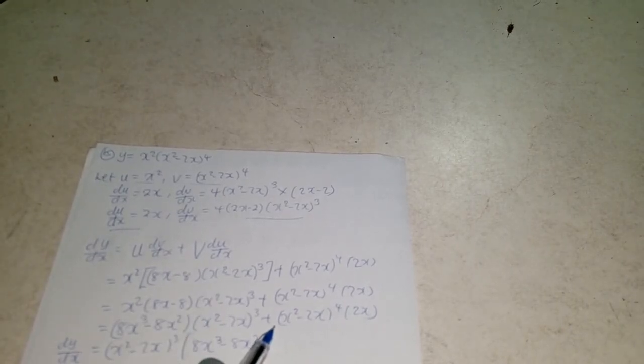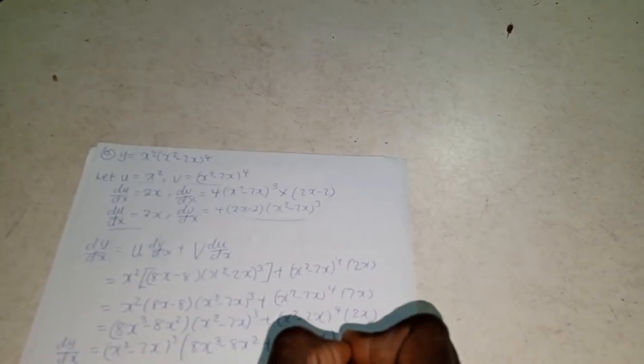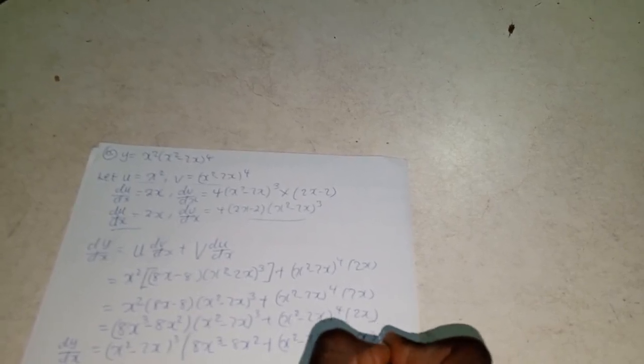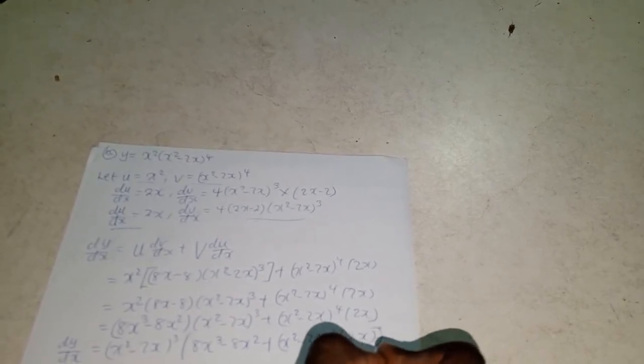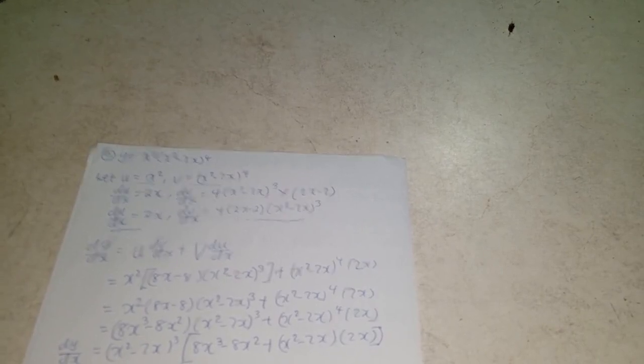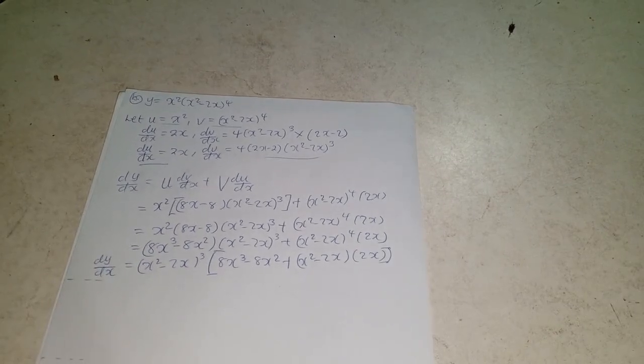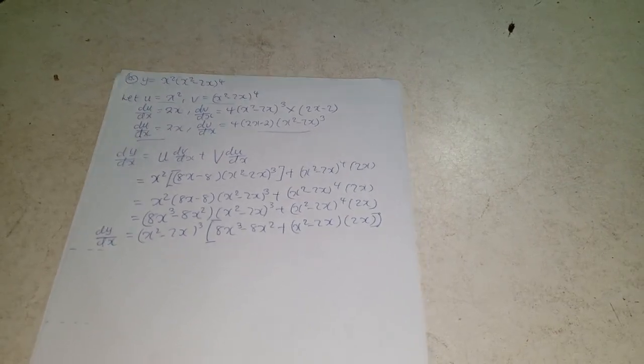And then we're going to say plus, here we have x squared minus 2x raised to the power 1 multiplied by 2x. We close the parentheses. If you look at this nicely, this can still be simplified. This is a very special question, right? It's a bit difficult.